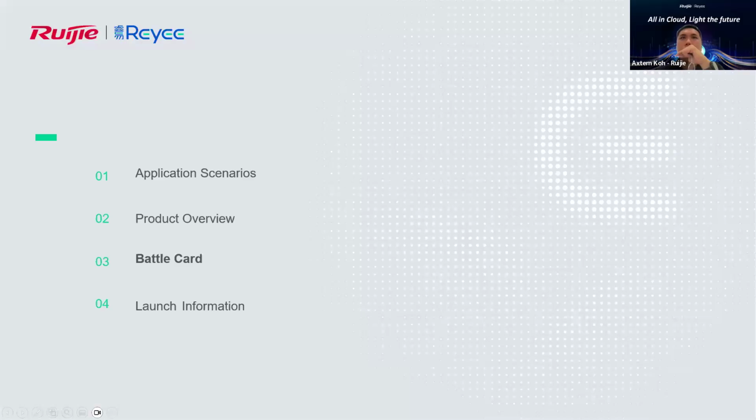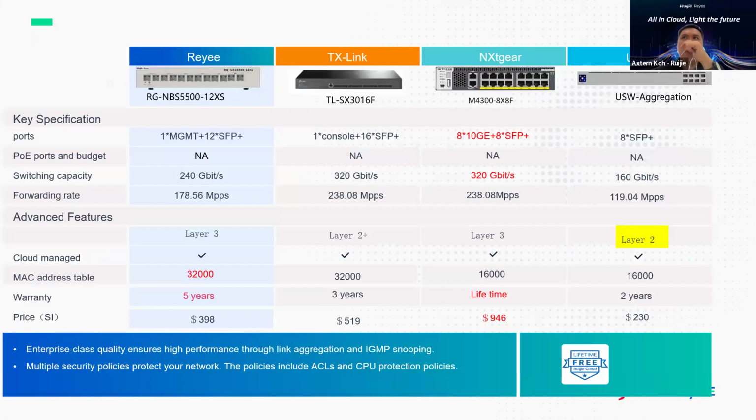And the models we compare against in the market are the TP brand, NET brand, and UB brand. This is the model. You can see the 3016 and 4300 USW applications; this is the model you can propose to your customer.